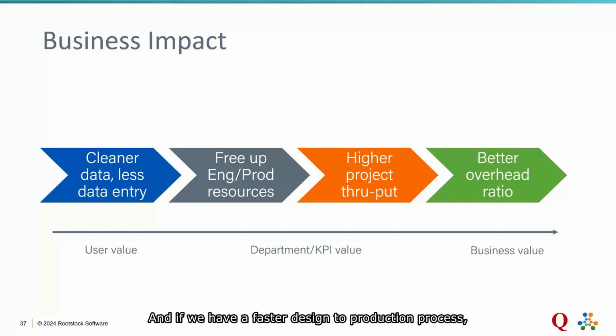And if we have a faster design to production process, it means we can produce more products at a higher efficiency rate, which increases our department value. And overall to the organization, if you can get more products out the door faster, you ultimately have more business, more happy customers, and you can increase your company's productivity and make more money as well.